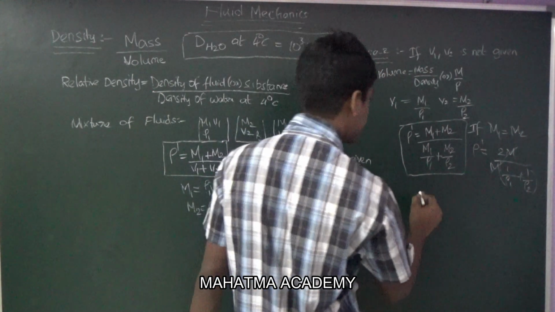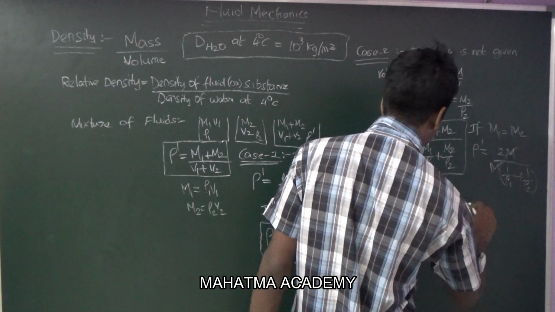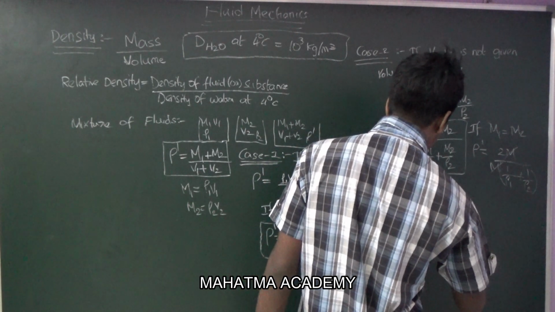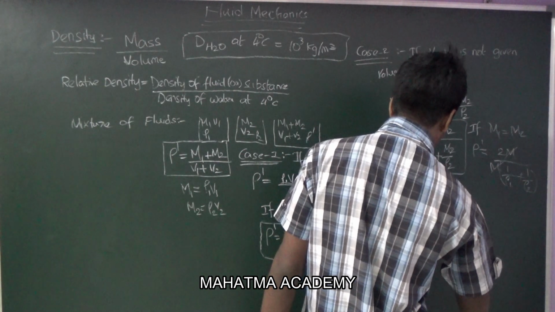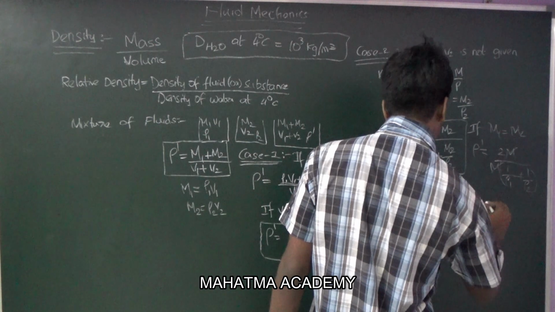We will write this: rho dash is equal to 2 upon rho 1 plus rho 2 upon rho 1 rho 2.